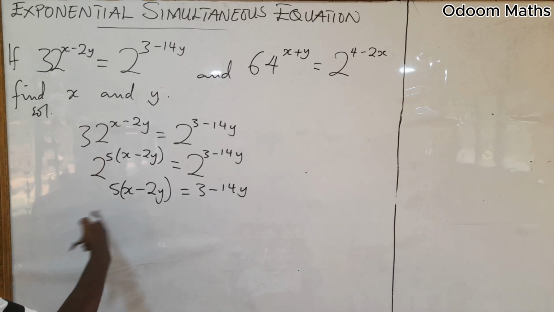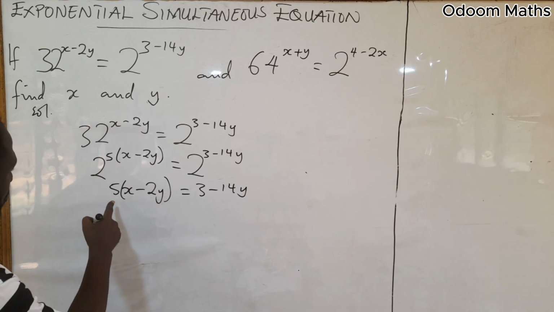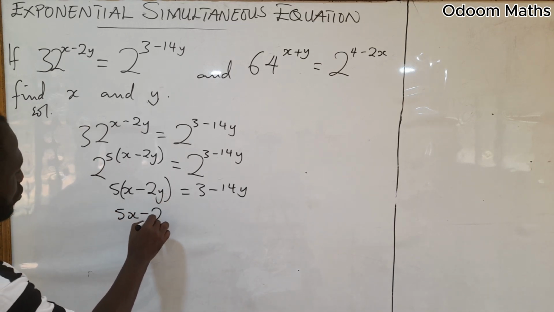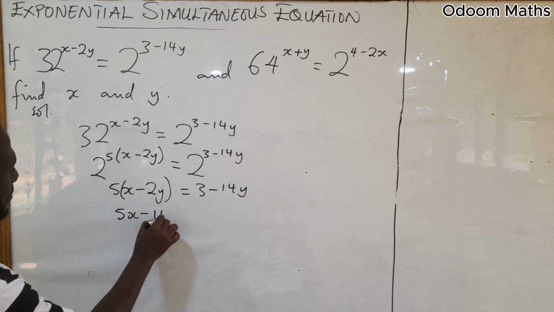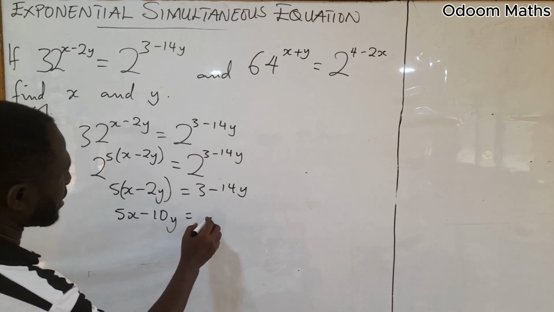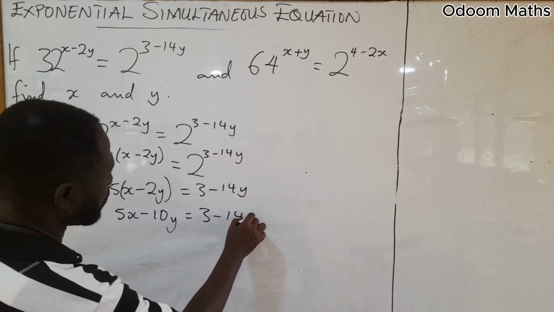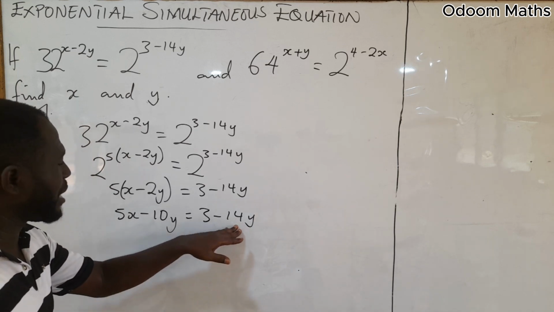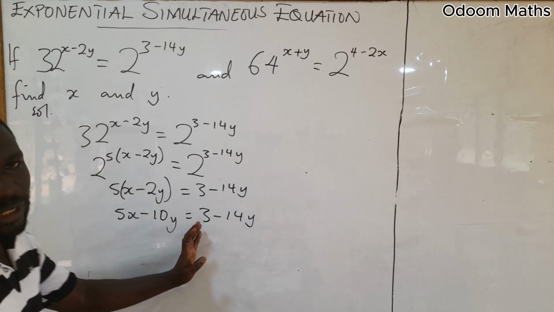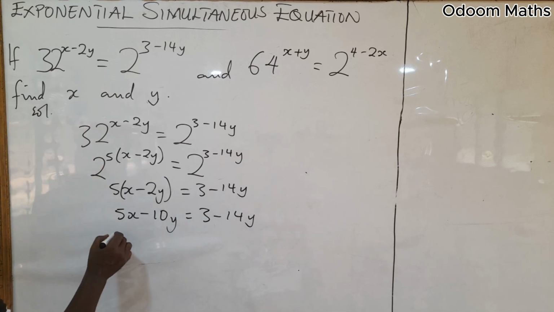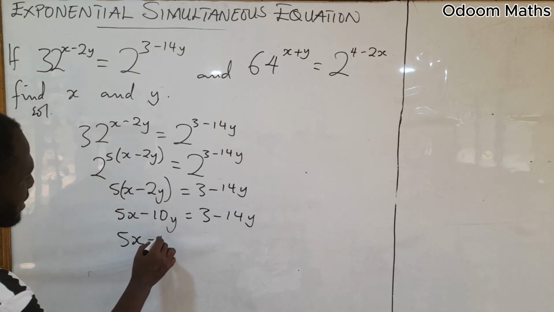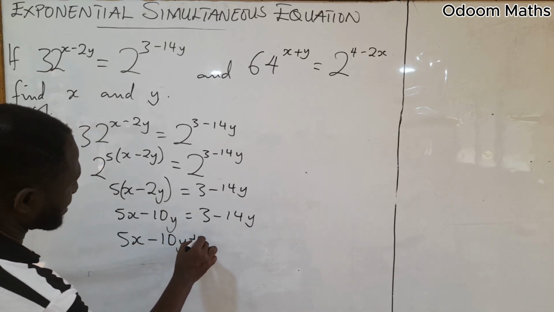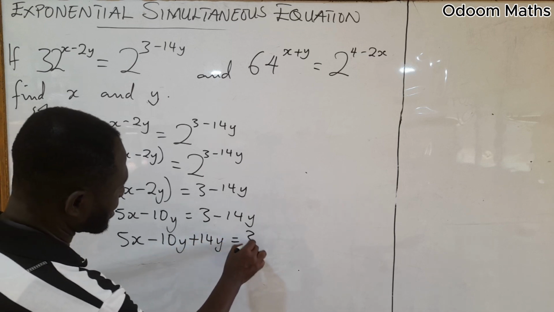Then we expand to get rid of the bracket. So 5x minus 10y equals 3 minus 14y. Let me bring this y to that side so that I'll get a constant here. Now that is going to be 5x minus 10y plus 14y equals 3.